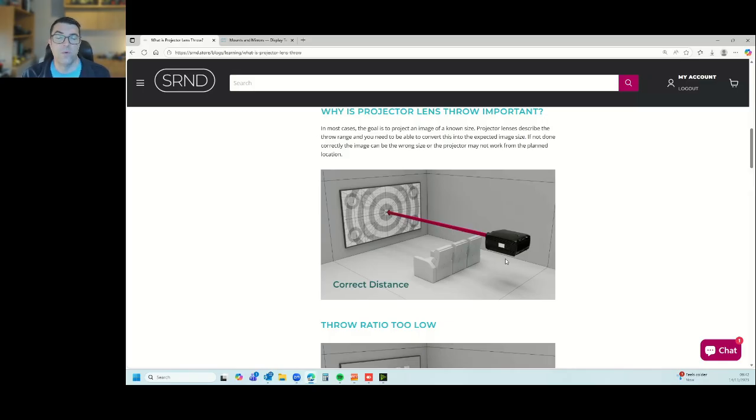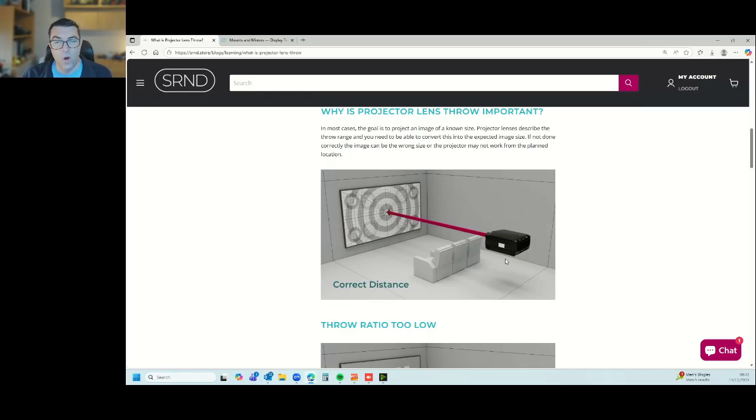That's a pretty typical throw range that you get on higher end cinema projectors that don't have interchangeable lenses. That means that the projector can be within 1.4 times the screen width to 2.7 times the screen width away from the screen and still work.